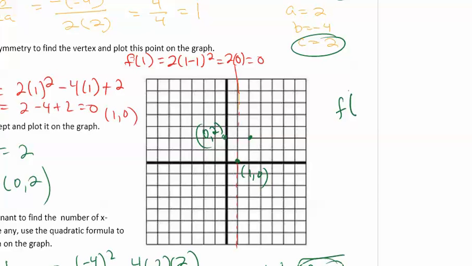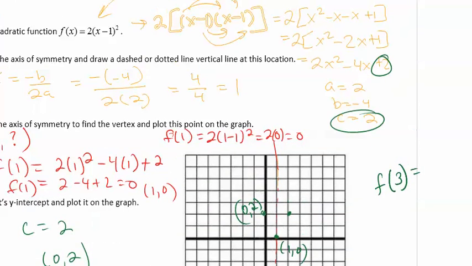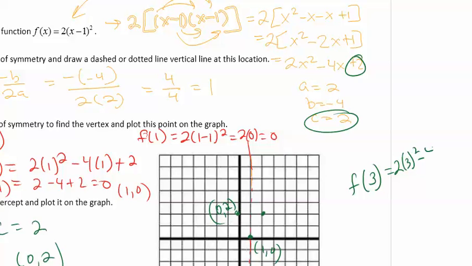So f of, let's say, 3, we want to know what's happening at 3, is going to be equal to, of course I need my equation in order to do this one. Remember, you can use either equation to plug in 3, but let's use the one we transformed. So 2 times 3 squared minus 4 times 3 plus 2.